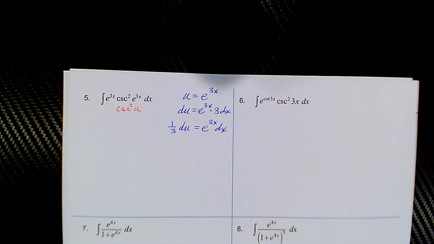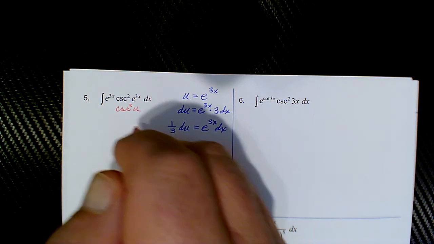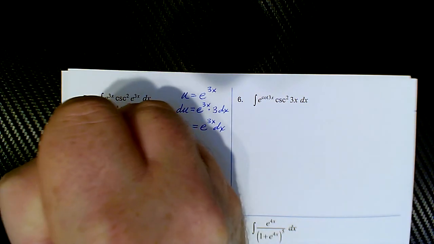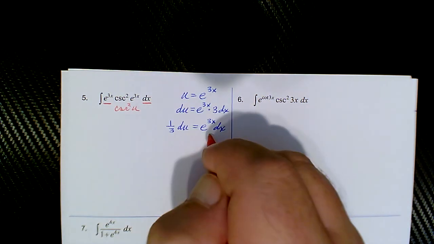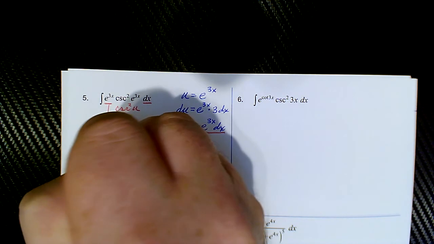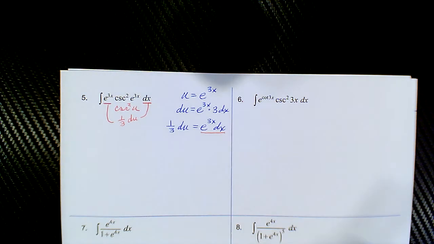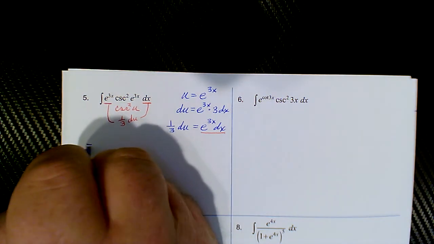Looking back at the integral, we tried to fit the form of cosecant squared of u. The leftover factors are e to the 3x and the differential dx. We compare those to our du, and we see that they match, just modified by the 1/3. So we replace e to the 3x dx by 1/3 du. We've now accounted for all the factors of the integrand, and we can make the change of variables.